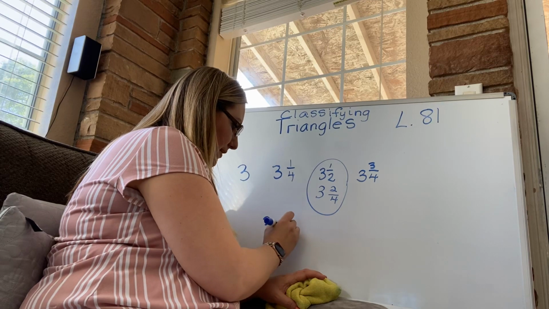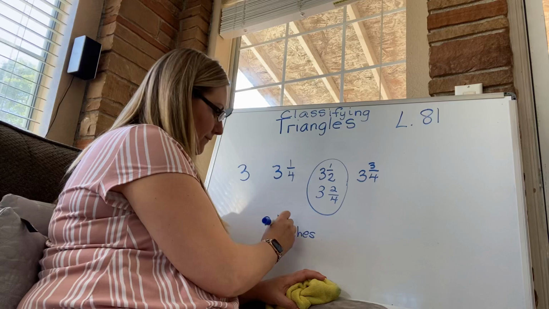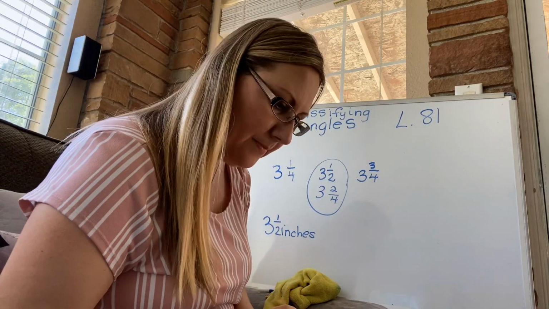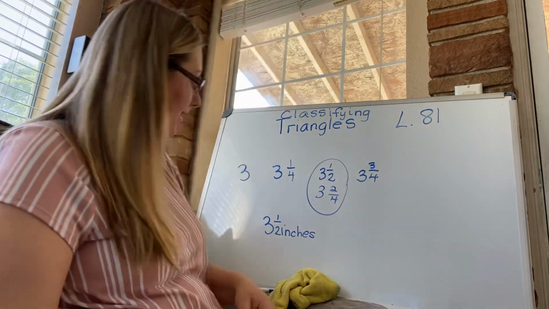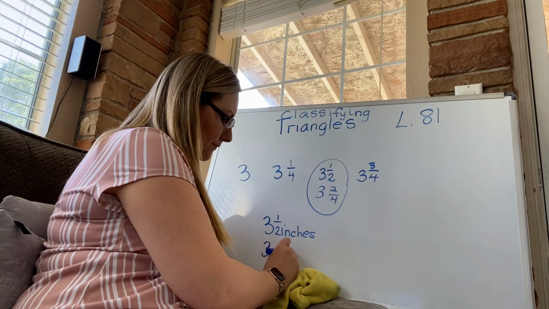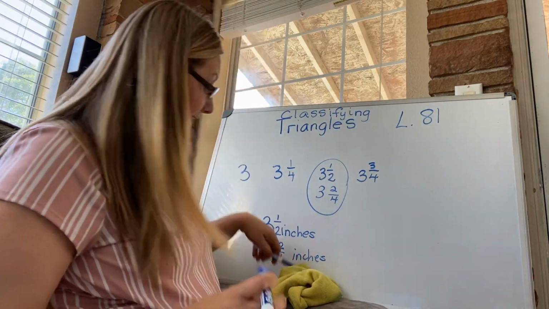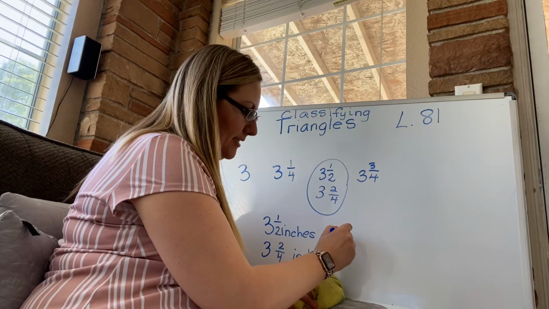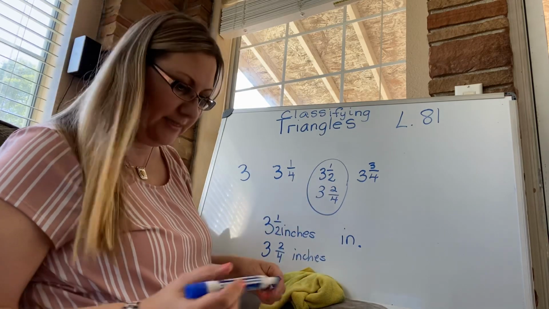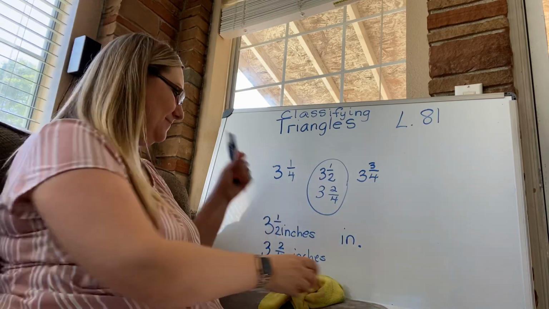So let's write 3 1/2 inches. Or you could have said 3 2/4 inches. Either one is right. And it is also right if you just simply said lowercase "in" with the decimal point, which is the shorthand way to write inches.